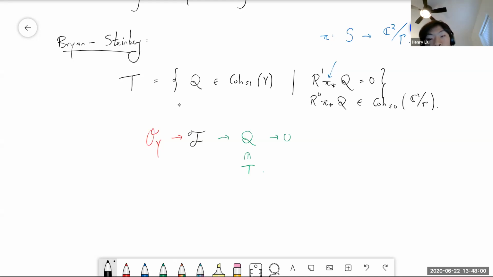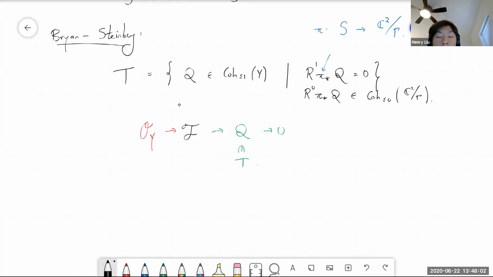And you should think of the more stuff as just extra things which are supported on the exceptional divisor. They may be one-dimensional, but cohomologically, they behave as if they were zero-dimensional things.